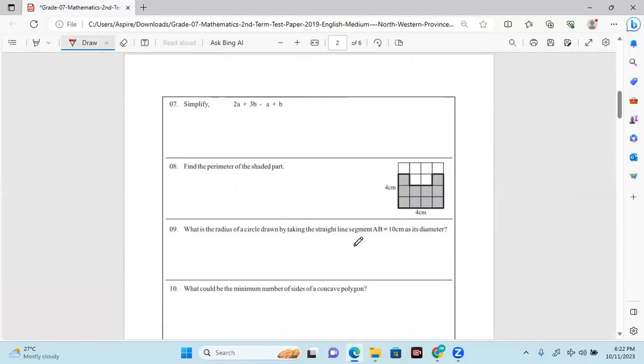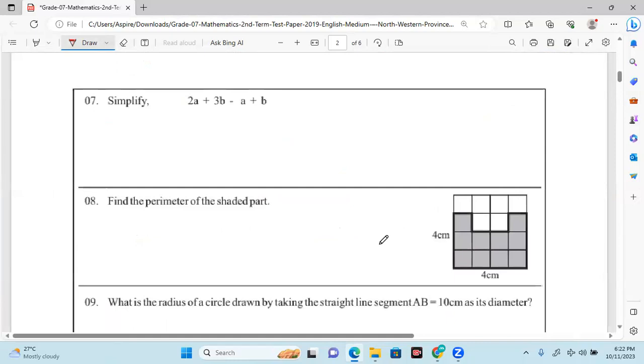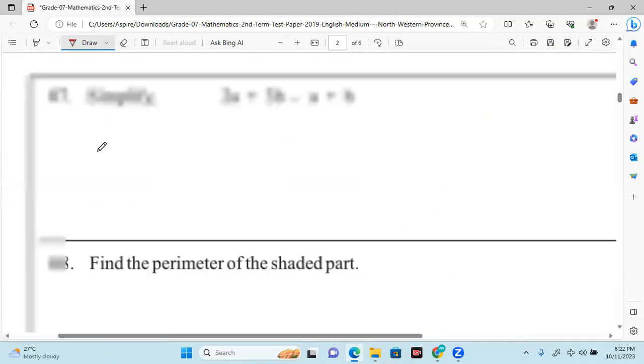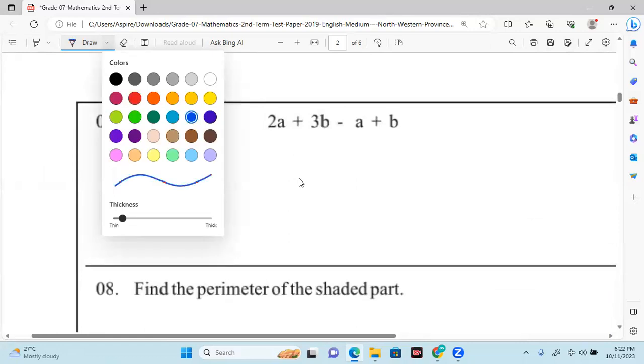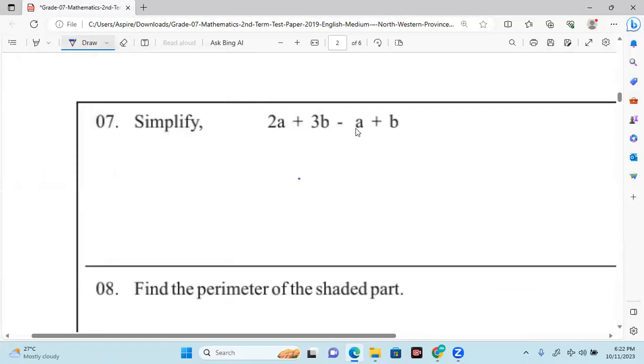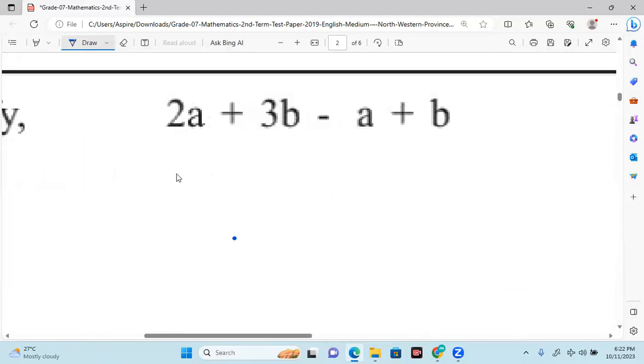Okay, then I will move to the seventh one. Look at simplify. It is related to algebraic expressions. We did this last week. To simplify, we have to take the like terms together.